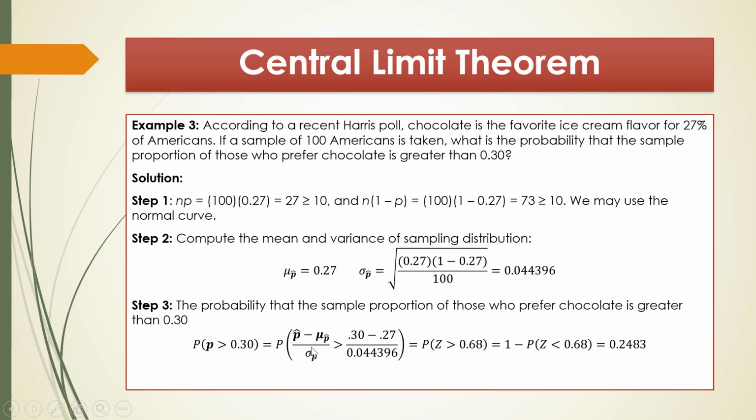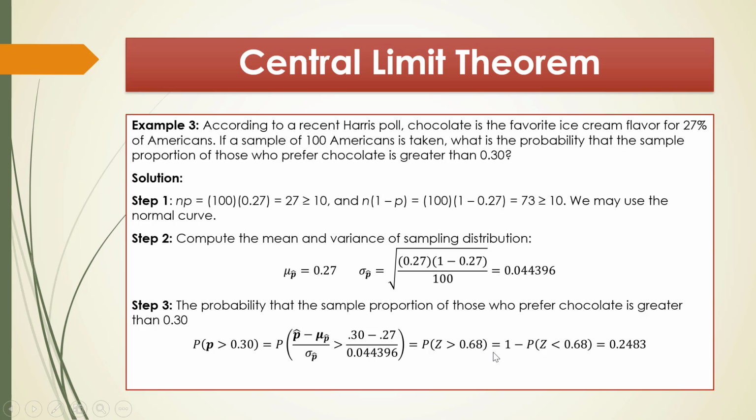When we subtract its mean and divide by its standard deviation, we have the standard normal distribution. So the problem turns out to be the probability that Z is at least 0.68, which is finding the area to the right of the Z-score 0.68.